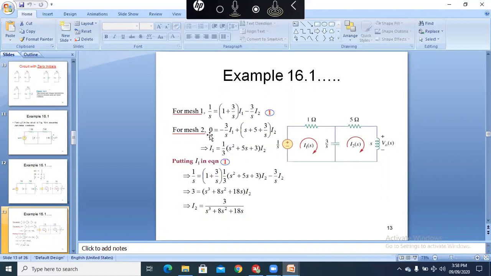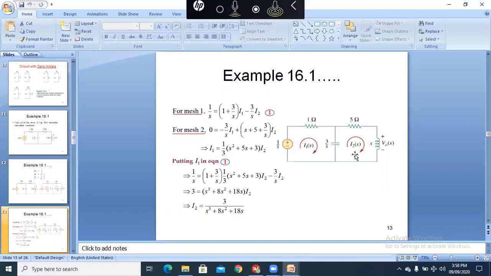For mesh 2, we have 0 is equal to minus 3 by s I1 plus s plus 5 plus 3 by s I2.